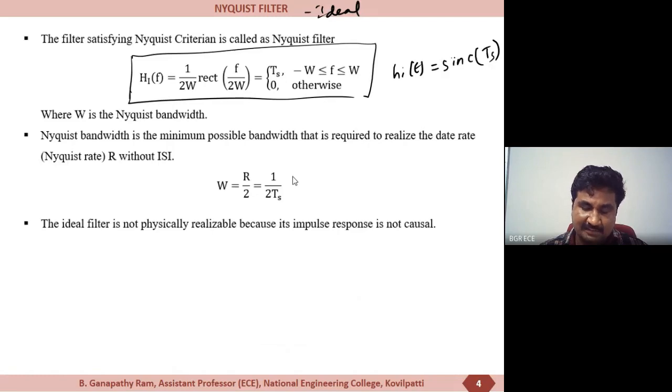We know that the Nyquist bandwidth is R by 2, so we can write it as 1 divided by 2Ts, because R is equal to 1 by Ts.